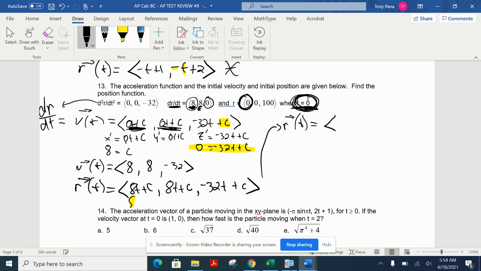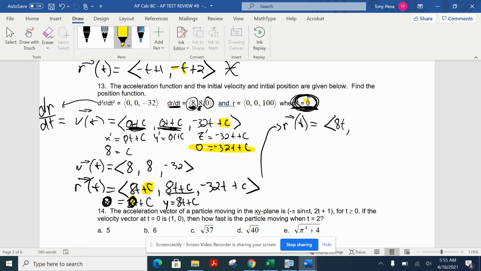That this is 8t plus c. This is our x position. And what you're going to see is up here, our x position is 0 at the time of 0. So that c just ends up being a 0 right here. So our x position at any time is just 8t. This one would have been our y. That equals 8t plus c as well.